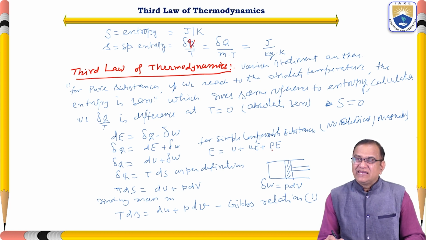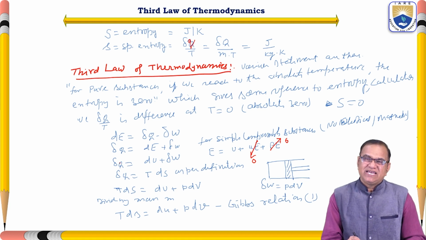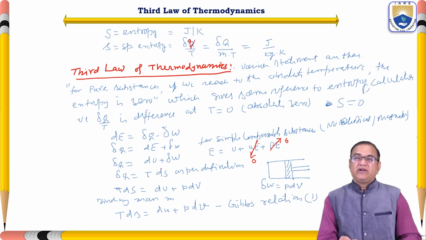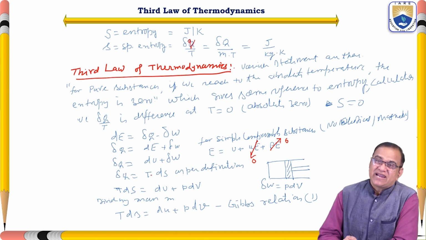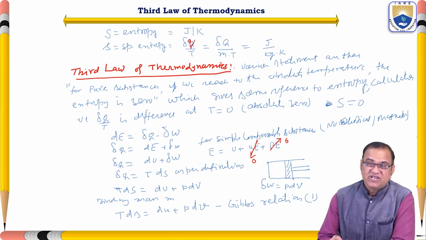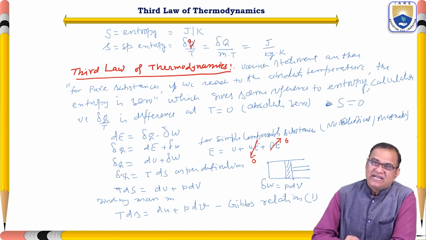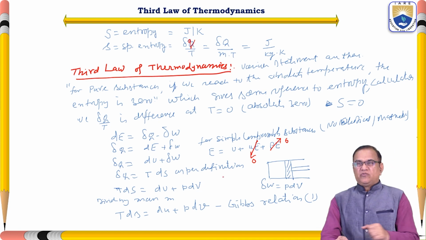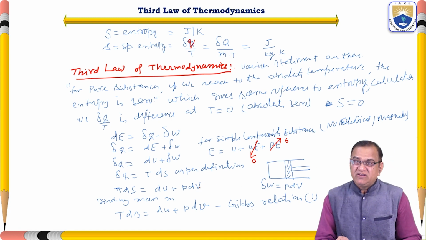For simple compressible substances, these two are 0 and 0, so E will be U. So we can write del Q is equal to dU plus del W. For del Q, we can write TdS as per the definition. So del Q is equal to TdS, which we have already found, is equal to dU plus PdV.